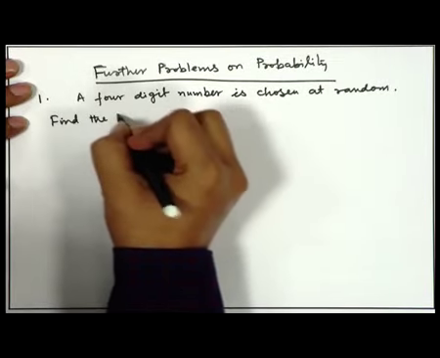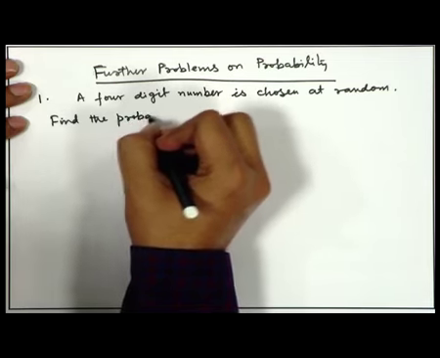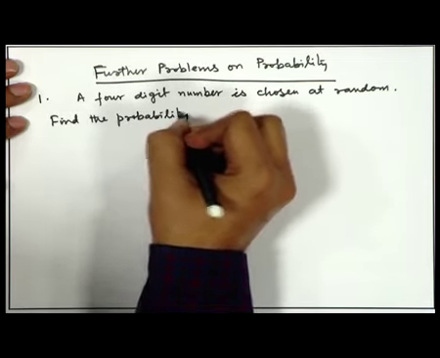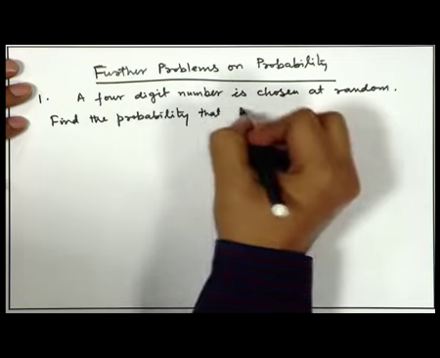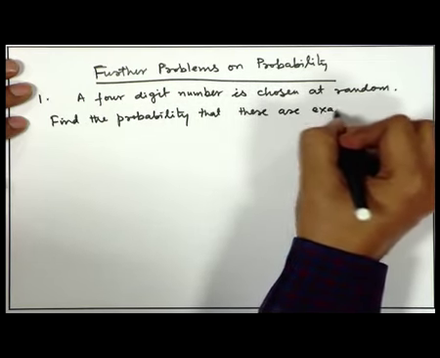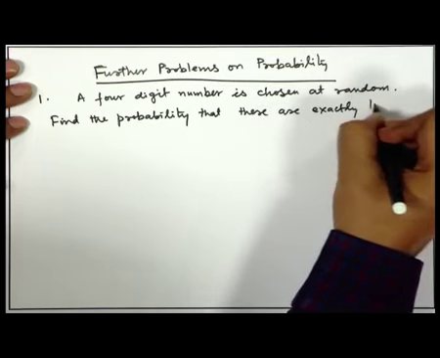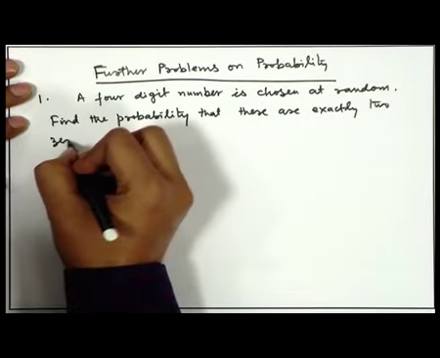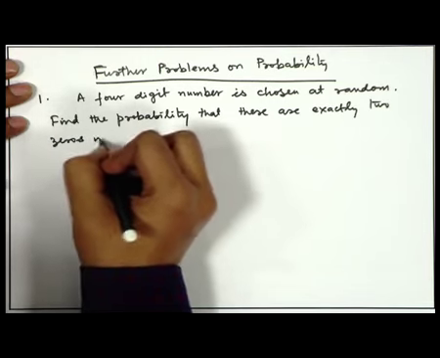Find the probability that there are exactly 2 zeros in that number.